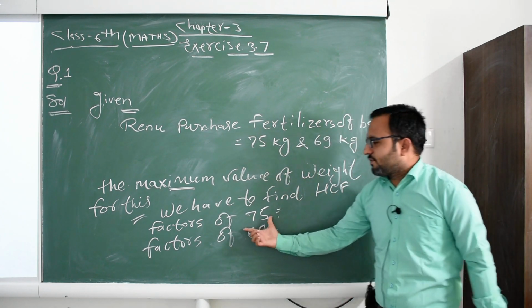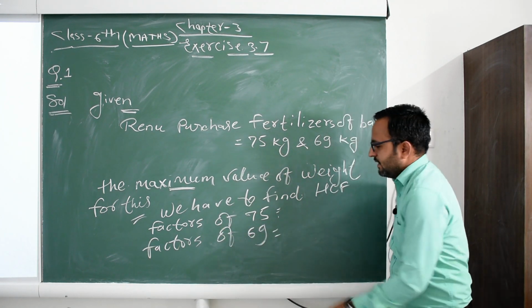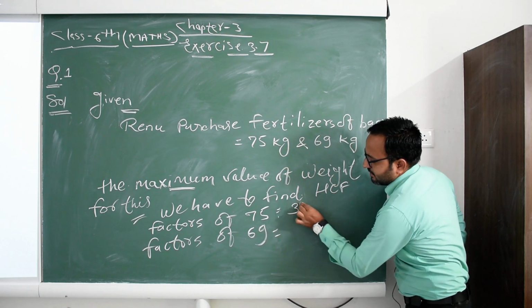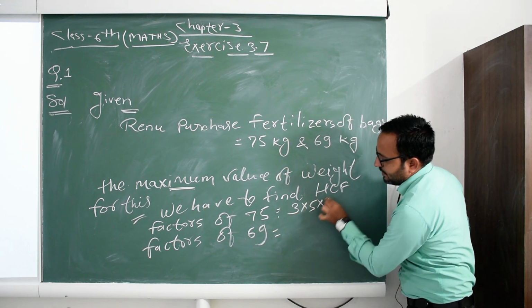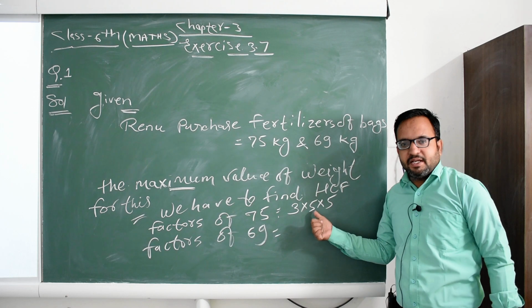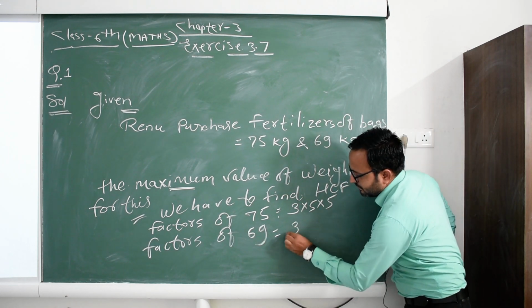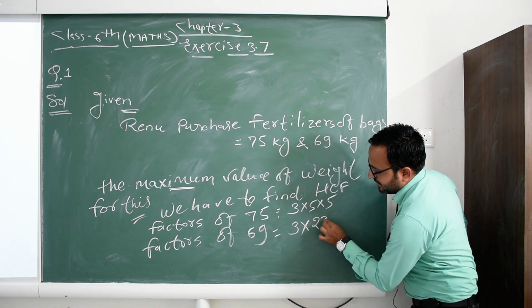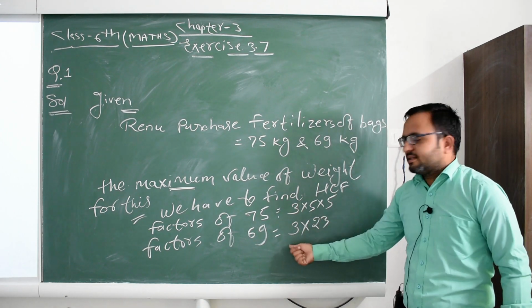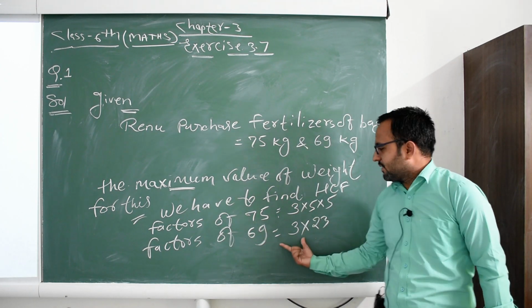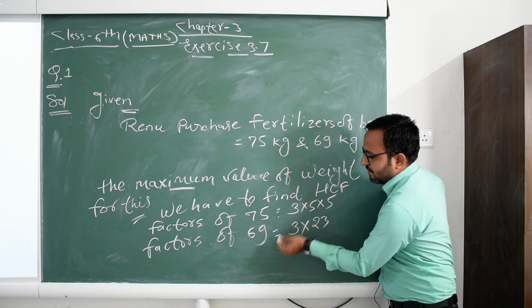First we find the factors of 75. So 3 into 5 into 5: 3 fives are 15 and 15 fives are 75. Now 69 is 3 into 23: 23 threes are 69. Now we find the common factor.